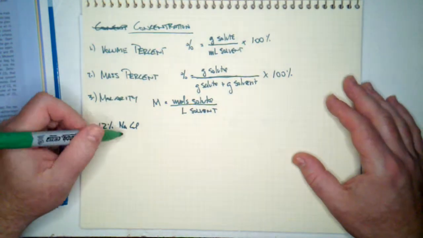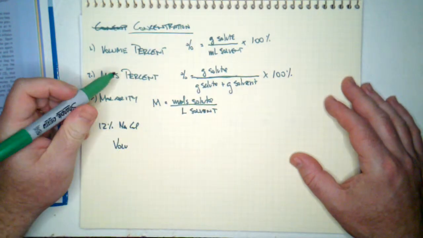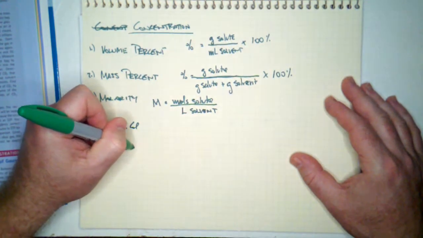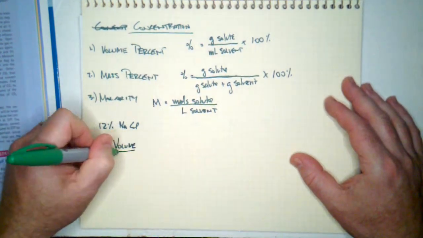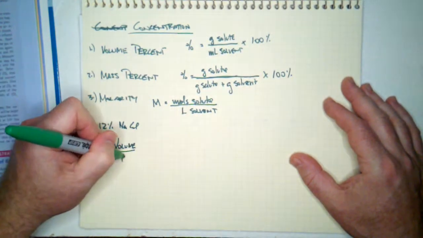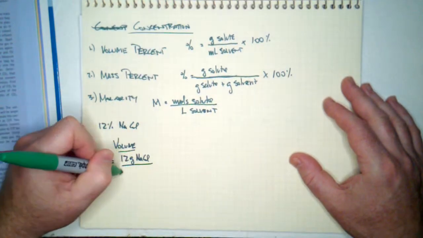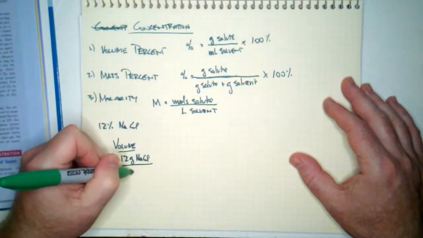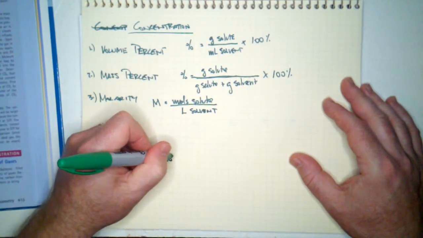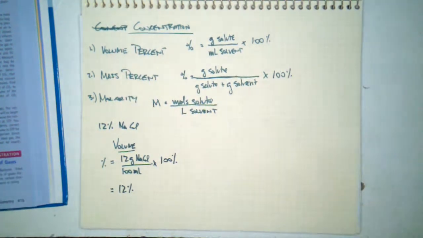So the volume percent would be percent equals 12 grams of NaCl over 100 milliliters times 100% would equal 12% sodium chloride.